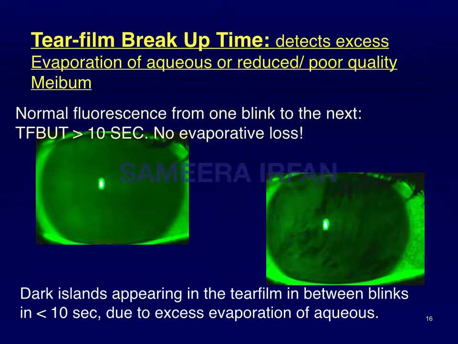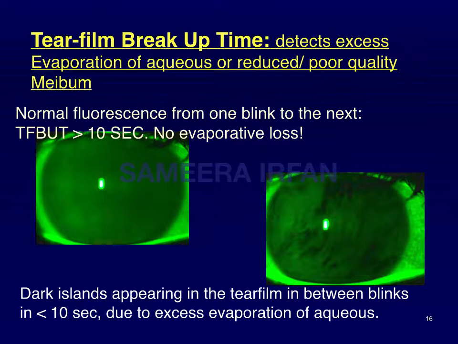The tear film breakup time detects the excess evaporation of aqueous or reduced or poor quality of meibum. When you instill a drop of fluorescein, the normal fluorescence from one blink to the next is indicative of the tear film breakup time and is more than 10 seconds normally, and it shows no evaporative loss.